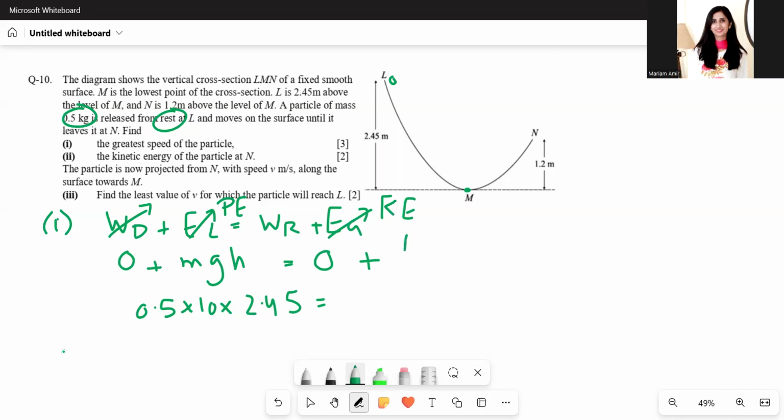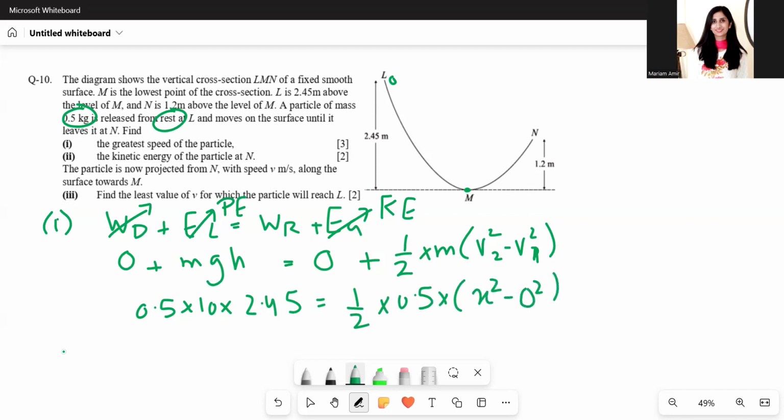So plus half m, bigger V minus smaller V, individual squares on them. So half times 0.5 times the bigger V, which is x squared, minus the smaller V at L was 0. Okay. Now you solve this.